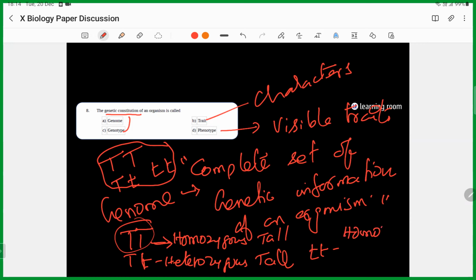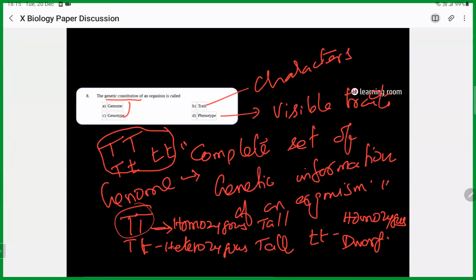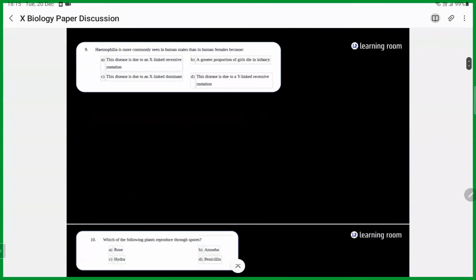Homozygous short, dwarf. Is it clear? So the question is simple. The genetic constituent of an organism is called, the answer is genotype, and we should know the meaning of the rest of the options also. Fine.